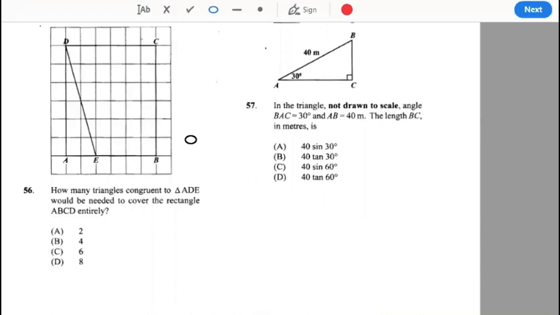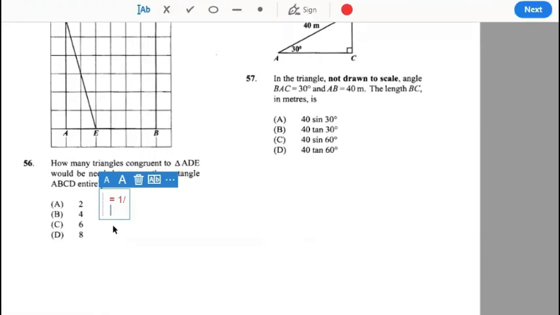Question 56, how many triangles congruent to triangle ADE would be needed to cover the rectangle? I worked this out too. I used the formula and I also literally counted how many boxes triangle ADE occupied, and then divided the total boxes by how many boxes triangle ADE occupied. But let's use the formula of half base times height.